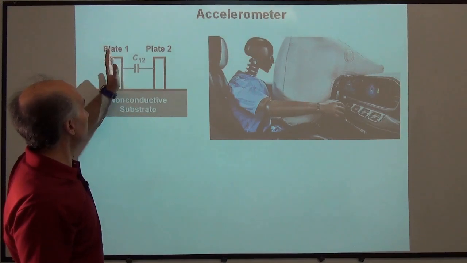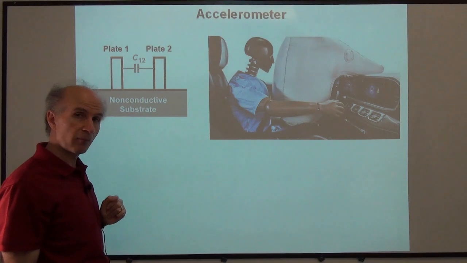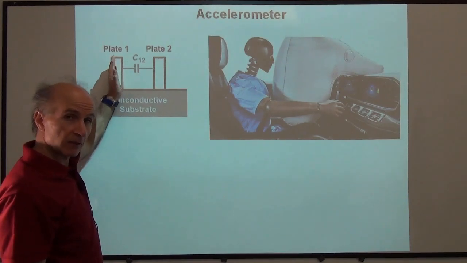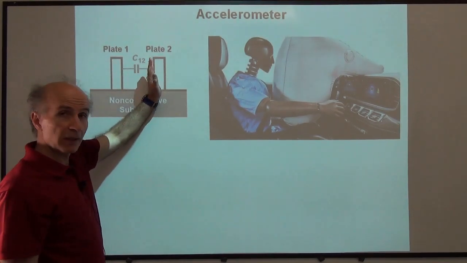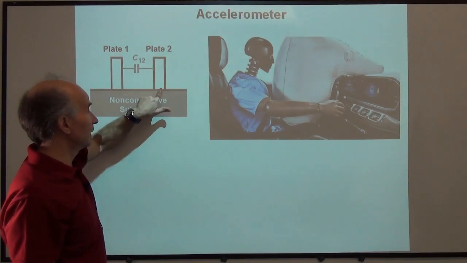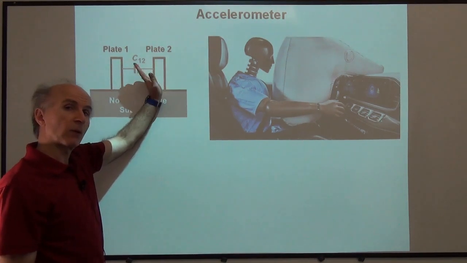And we know that because we have two conductive plates, there's a capacitance between these two. Now imagine that one of these plates is fixed, whereas the other one can flex this way or that way. So something is different in this base to allow this to tilt this way or tilt that way.